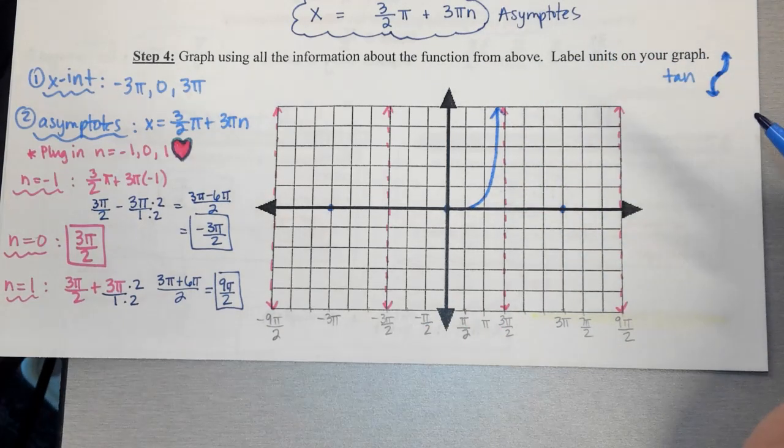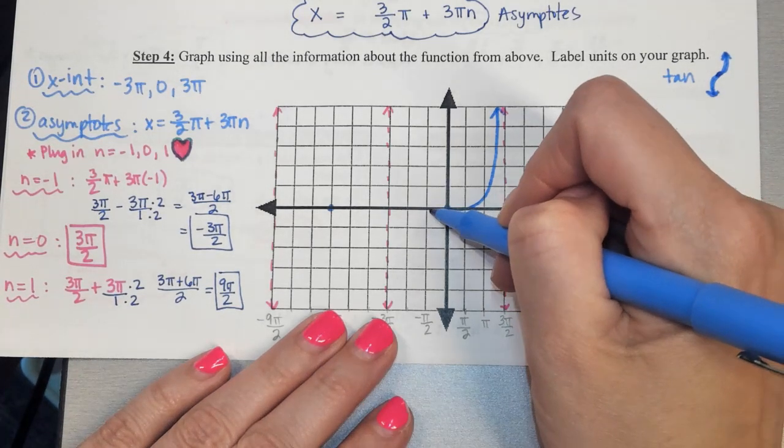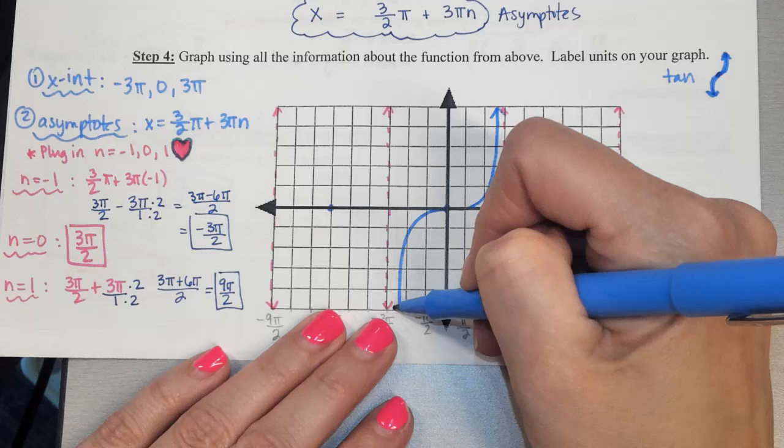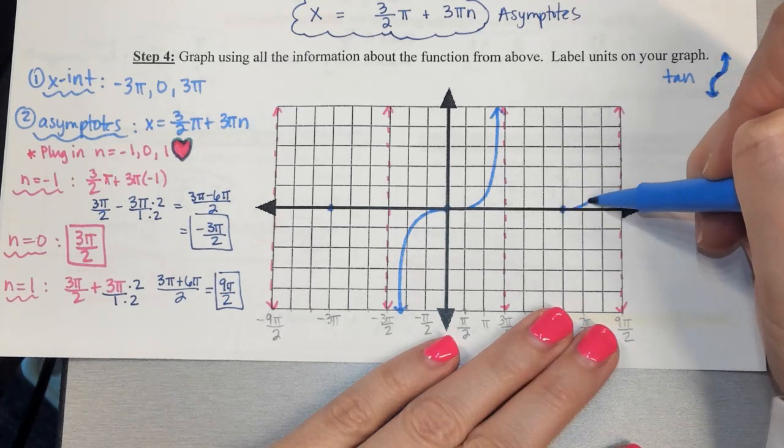It should not cross the axis. And then the other half is going to be going down. So this is like half of a U. Okay, so half of a U going up, half of the U going down. And then we're going to do the same thing for this one.